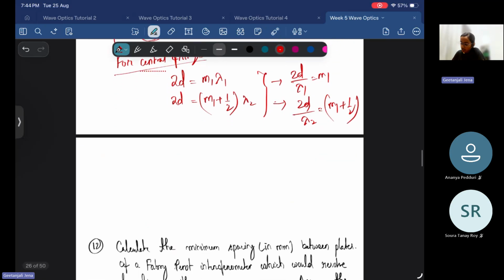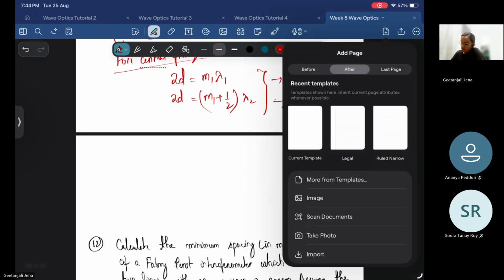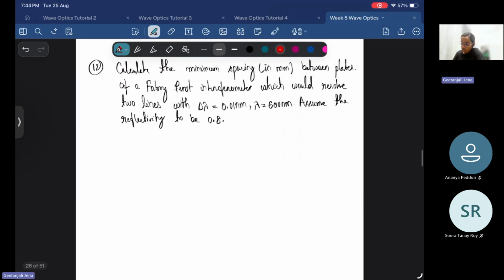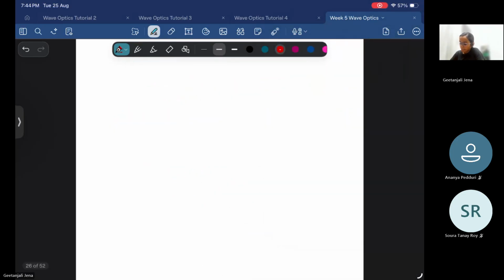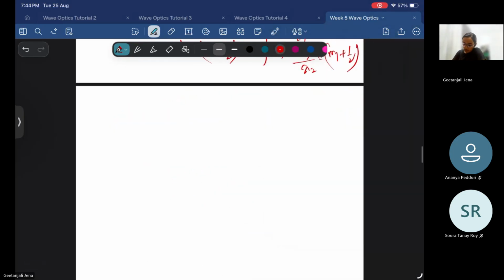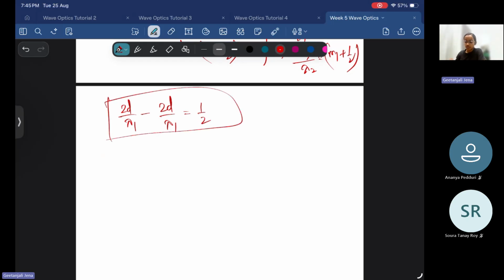So when you take the difference, this would be d over lambda 1. So this is one of the expressions that we have.